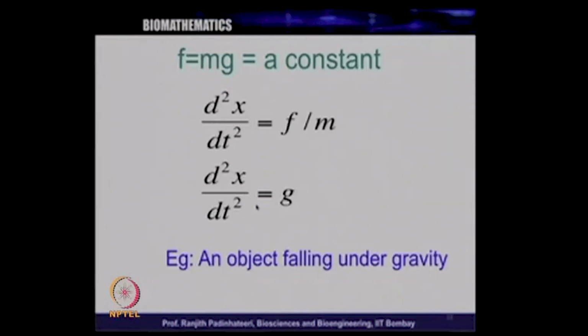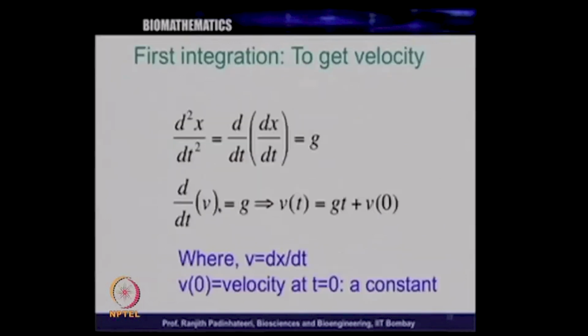It turns out that this can be integrated the way we did for all of the other cases. Let us have a look at this next slide. This slide says d square x by dt square can be written as d by dt of dx by dt, and this is equal to g.